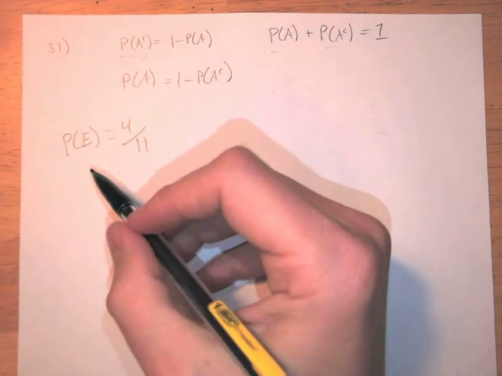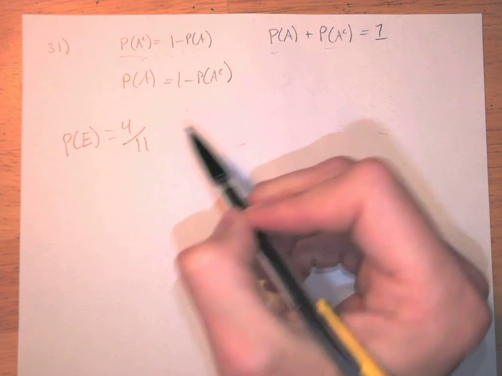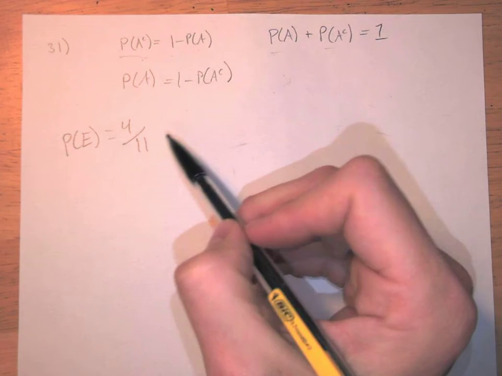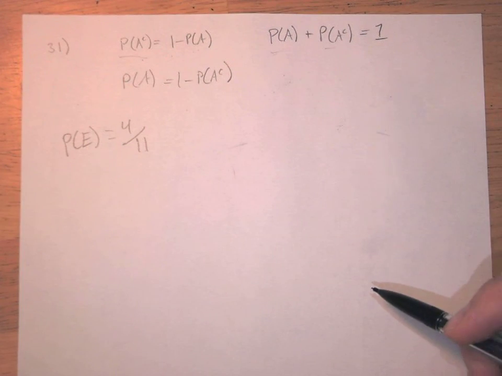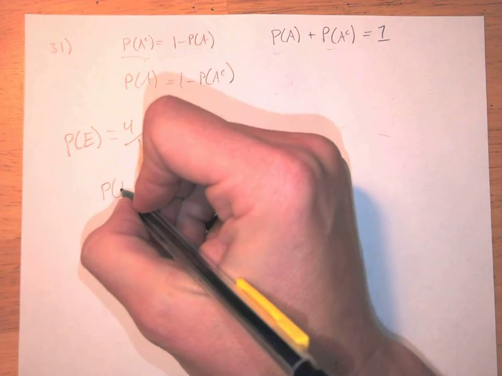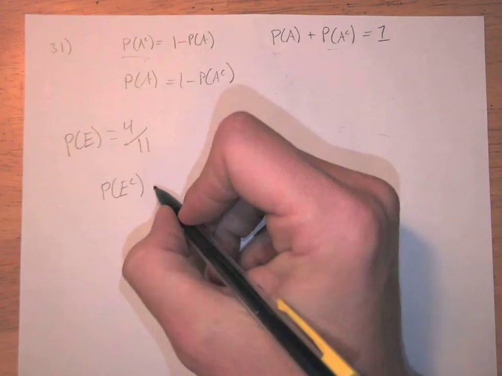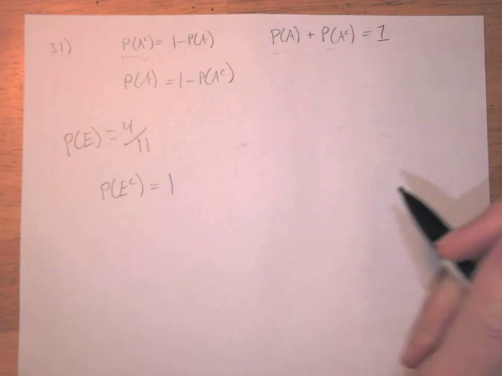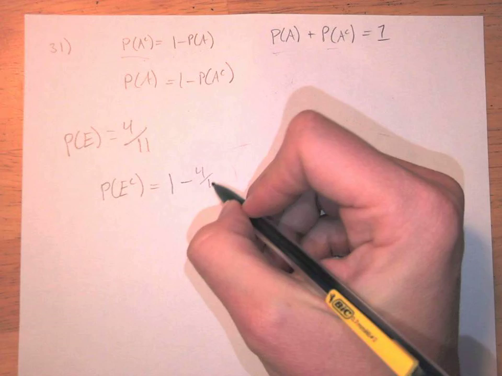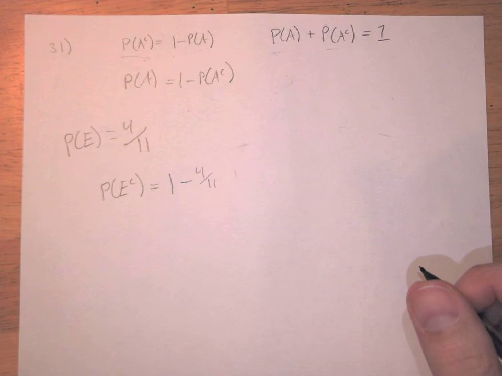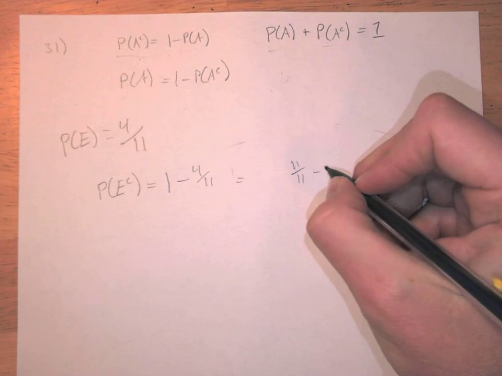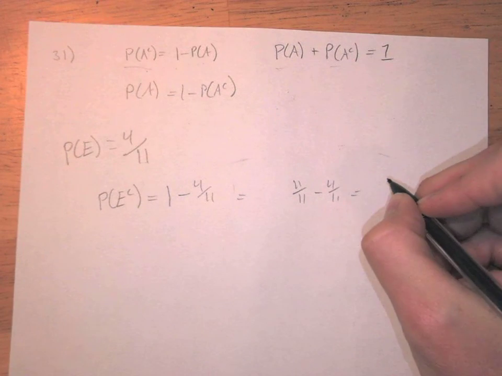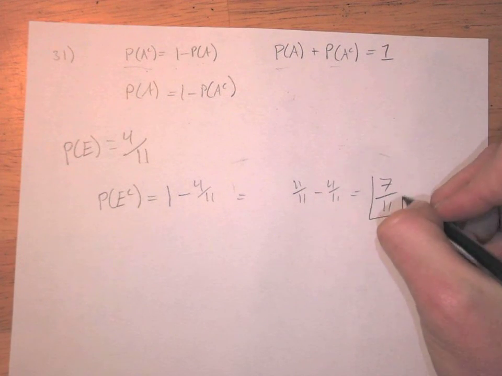Well, the probability of the complement of the event has to add with this to give you 100%. So if I want to find the probability of E complement, I have to take 100% and subtract the probability of the event happening. So this would be 11 over 11 minus 4 over 11, which is 7 over 11.